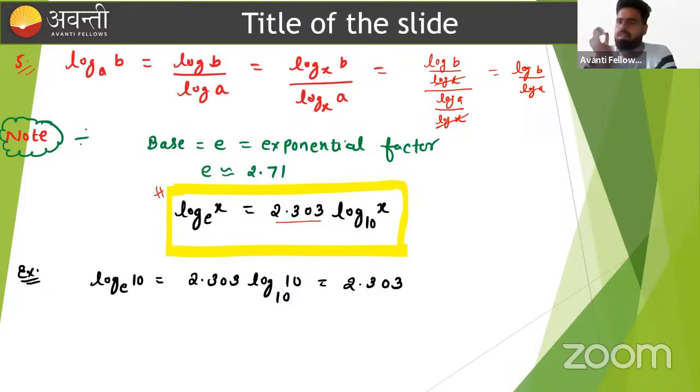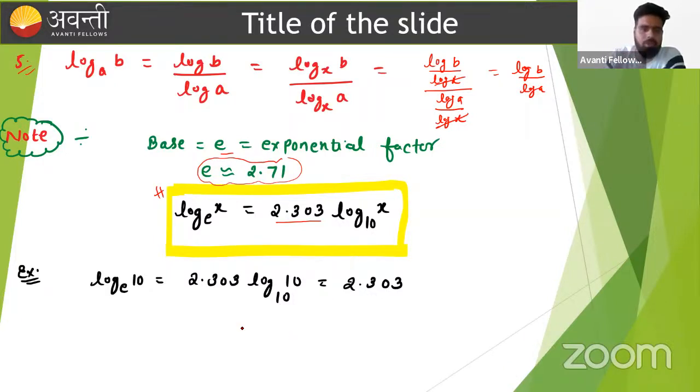Napier is the mathematician, and in the past, 200-400 years before, the concept of logarithm came into the picture. Here the term e is the exponential factor, and the value of e is approximately 2.71. We have to also remember this value.